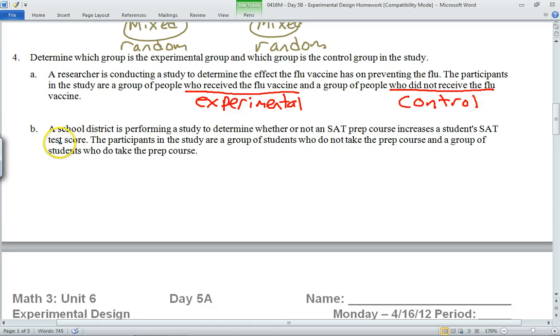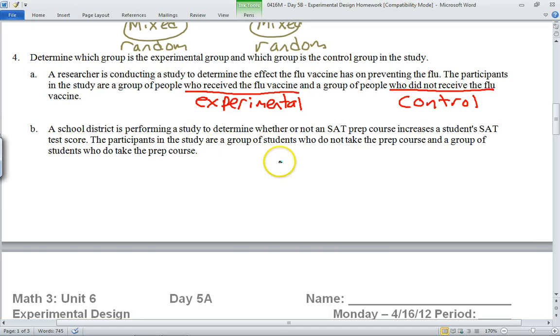Alright, look at option B. Part B of the question. A school district is performing a study to determine whether or not an SAT prep course increases a student's SAT score. The participants in the study are a group of students who do not take the prep course and a group of students who do take the prep course.